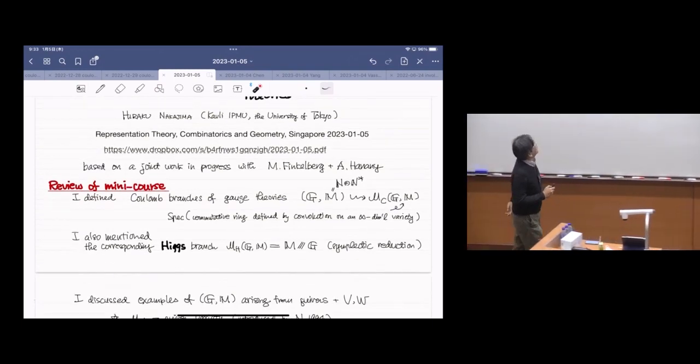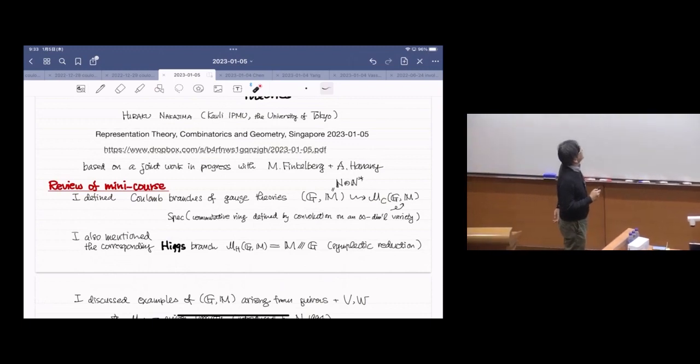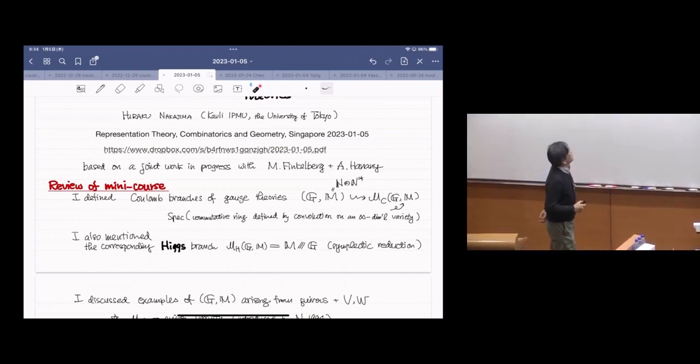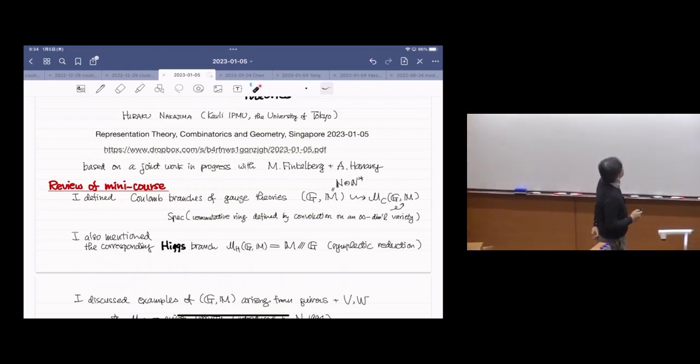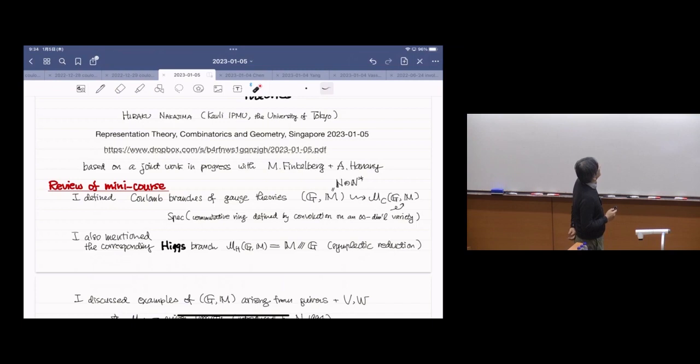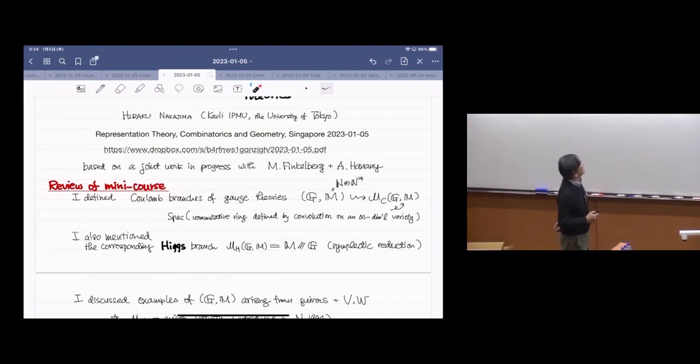So anyway, as I said, you don't need to remember the detail of the construction. And I also explained what is called the Higgs branch, which is much easier to define. You regard M as a Hamiltonian G manifold, and you take the symplectic reduction or Hamiltonian reduction.